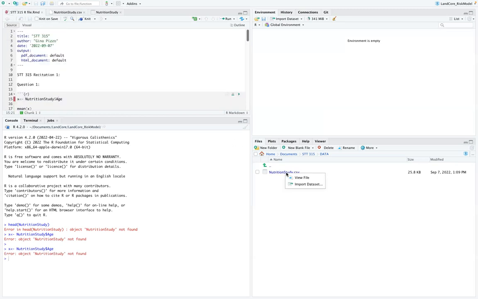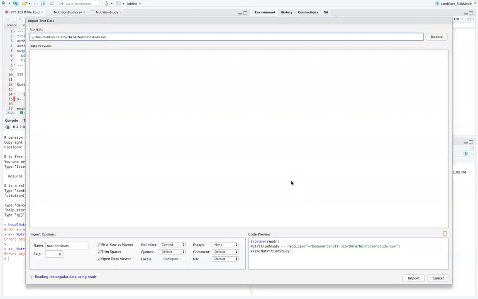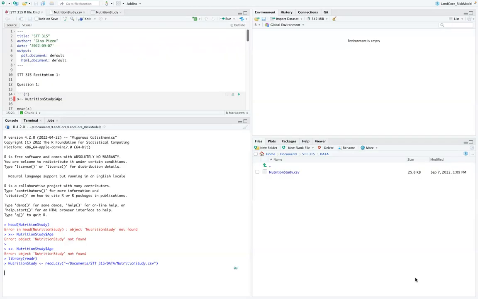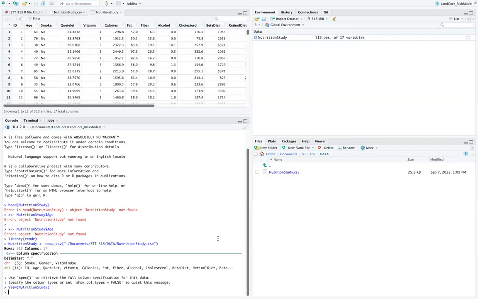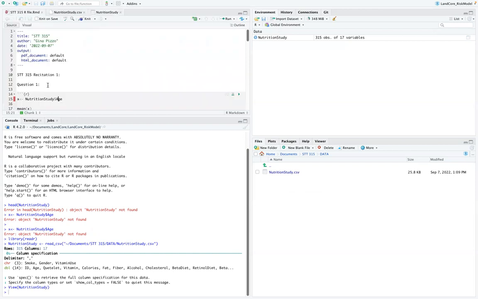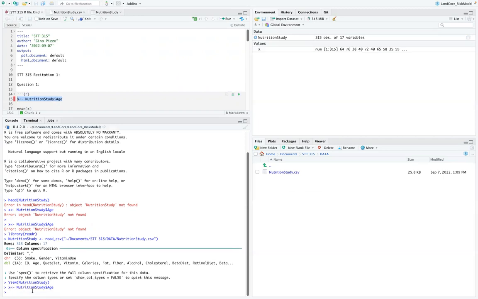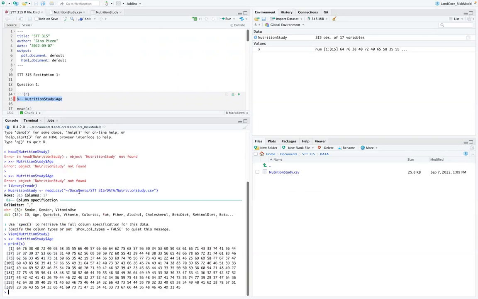Maybe I need to import the data set. Import. There we go, now it's imported. Now I can do what I wanted to earlier. I'm going to name X as the age.